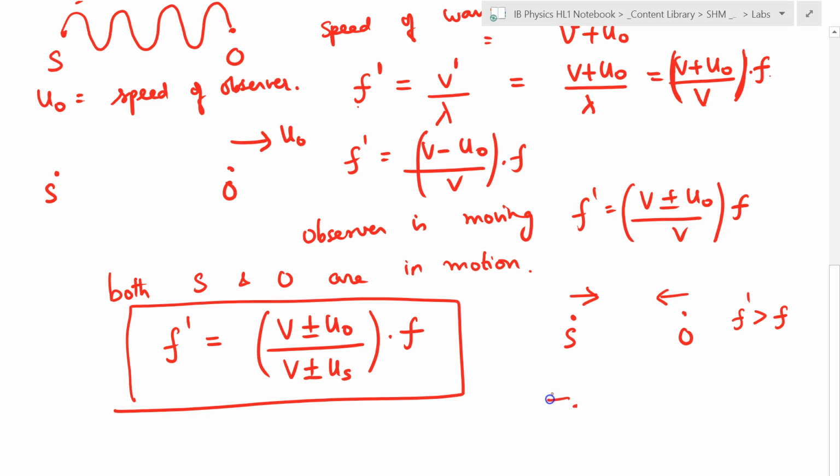If the source is moving away from the observer or the observer is moving away from the source, the frequency becomes smaller. So we use the appropriate sign depending upon the motion of the observer or the source relative to the other one.